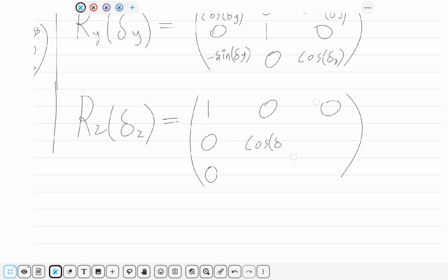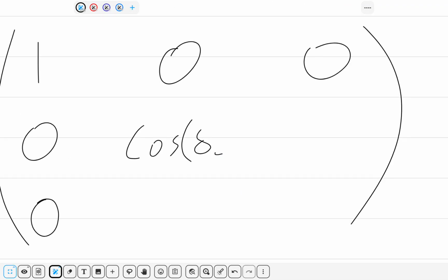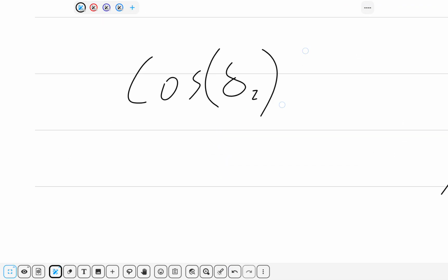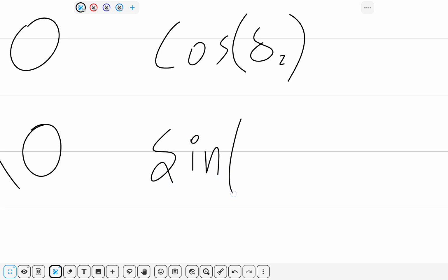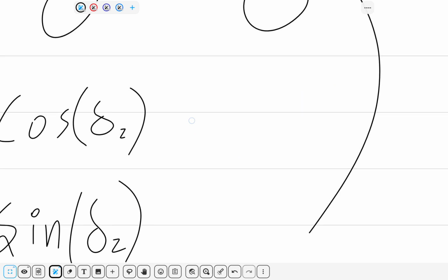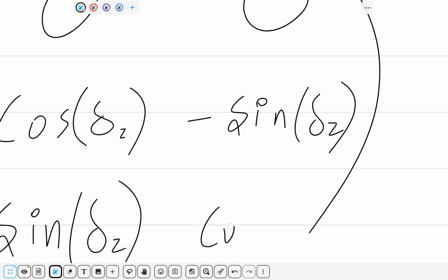We are doing the z-axis: cos of delta z, sine of delta z, minus sine of delta z, cos of delta z.